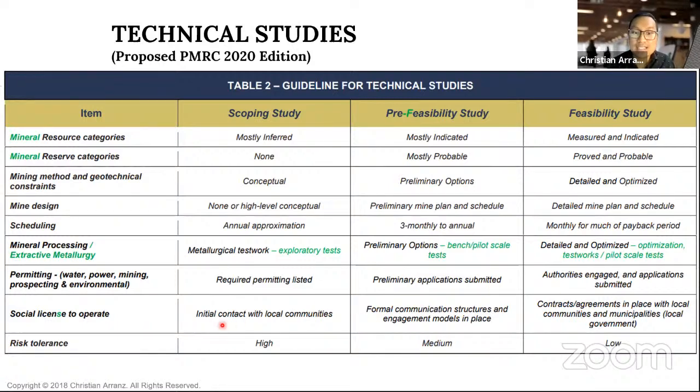And then social license: dapat as early as scoping, meron na kayong contact with the local communities. You already have conversations on how the plan is going to go, okay? Pagdating sa pre-feasibility, may formal communication na sa structures and engagement models. And then finally, pag feasibility, may contracts na.